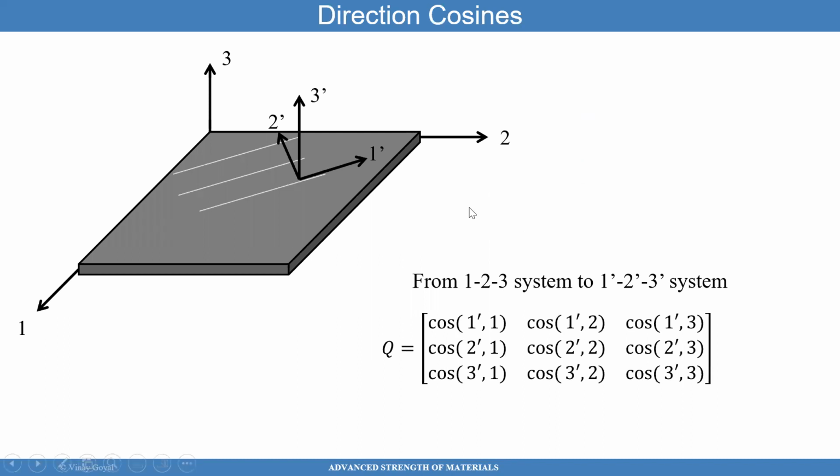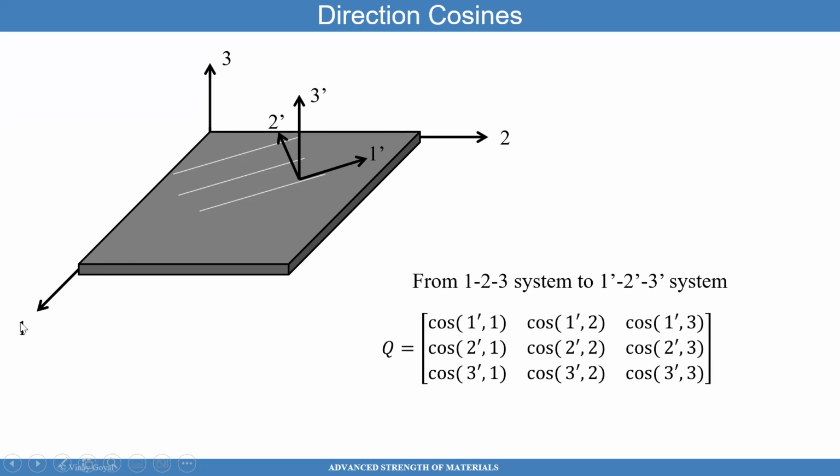Here, what you see is a coordinate system with axes 1, 2, 3. I've also used XYZ, so that can also be used here. The idea is that I would like to understand what the stress states are. Say I know the stress states sigma 1,1, sigma 2,2, sigma 3,3.